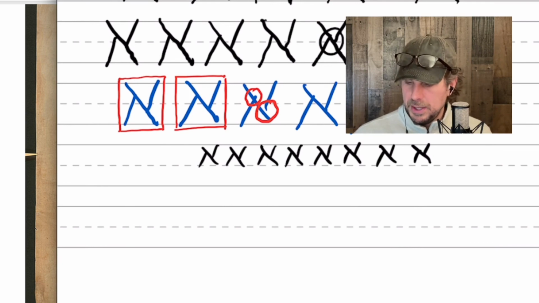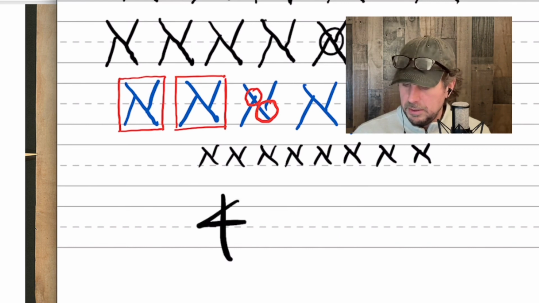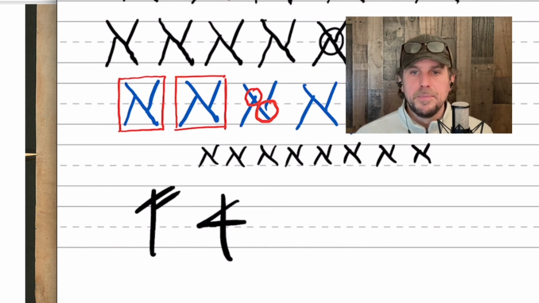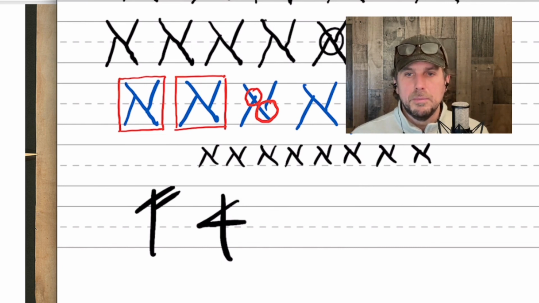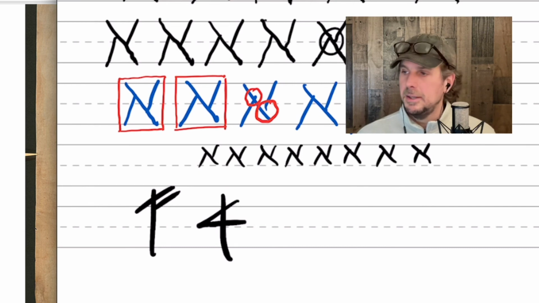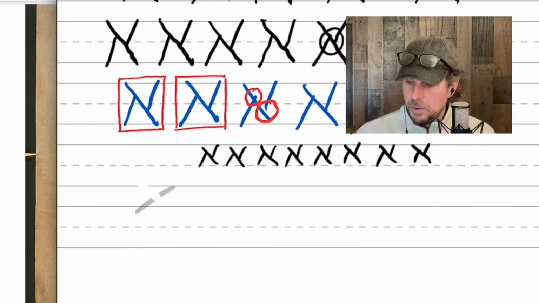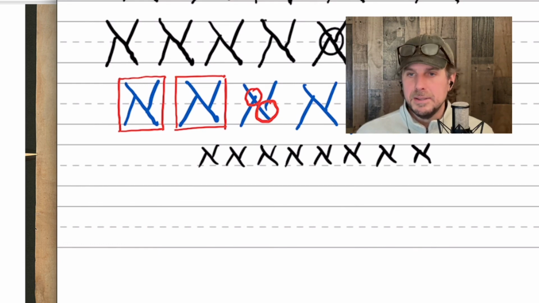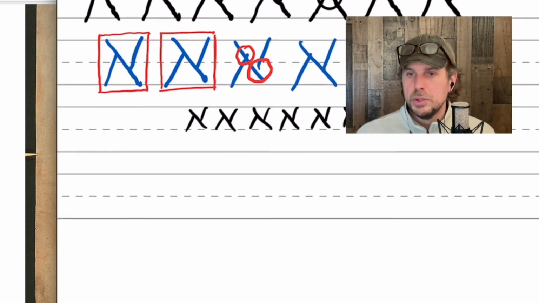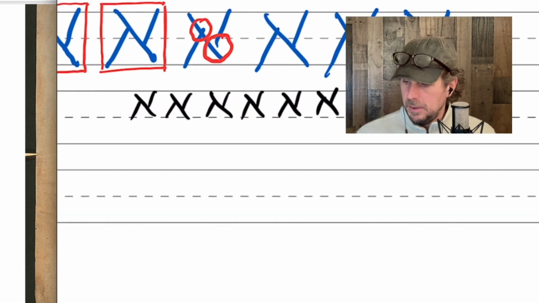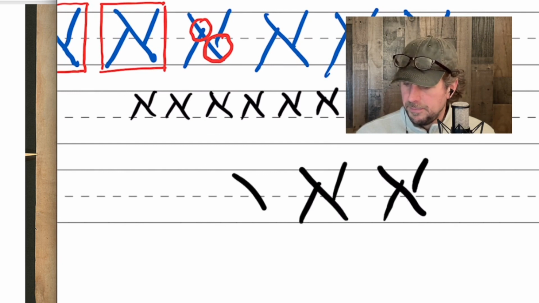And of course, with the Aleph, there's a few different formations. There's one that looks like this, and a later one that looks like this. That's something we can look at at a future point in time. For now, the goal is just to recognize and be able to produce from memory the block Hebrew Aleph, just like this.